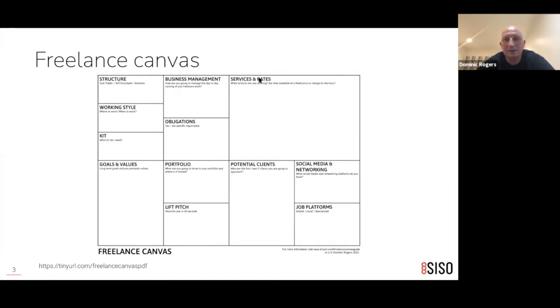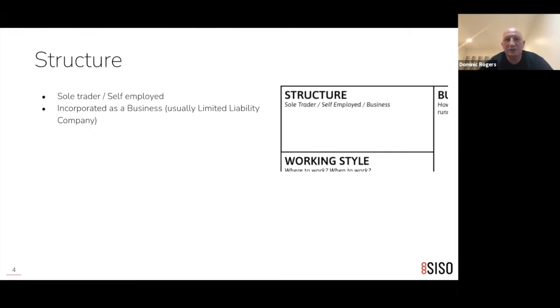So to begin with, structure. Depending on what country you're in, you've got a couple of different options. Here in New Zealand, and I know the same as in the UK, you can either operate as a sole trader, or be self-employed, or you could be incorporated as a business. The key thing here is understanding what the differences are within your country.